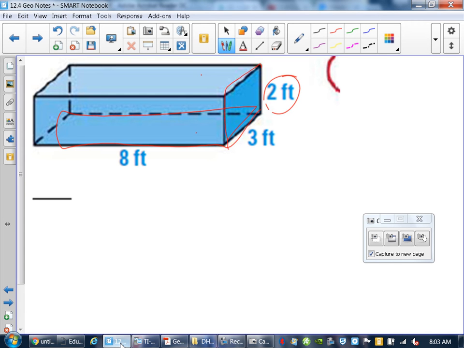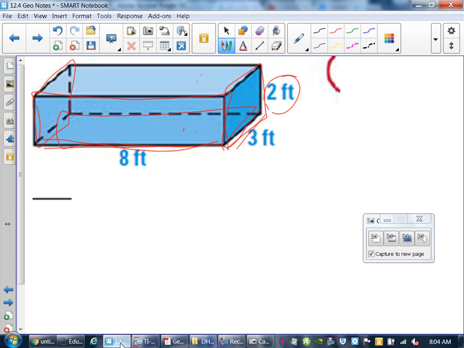If I say it's the 3x2, there are two of those. How far apart are they? 8. If I say it's the 8x2, there are two of those. How far apart are they? 3. Rectangular prisms, it makes absolutely no difference which one you call the base, because you have 3 dimensions.